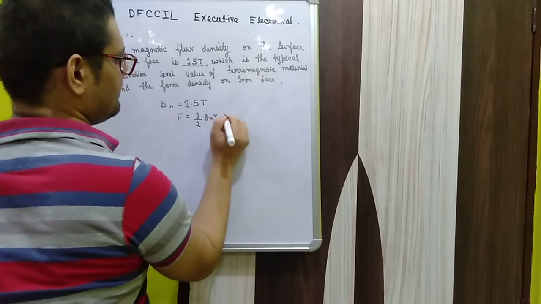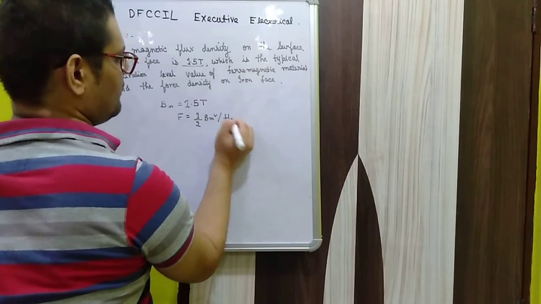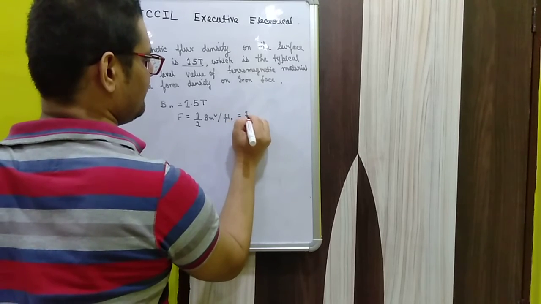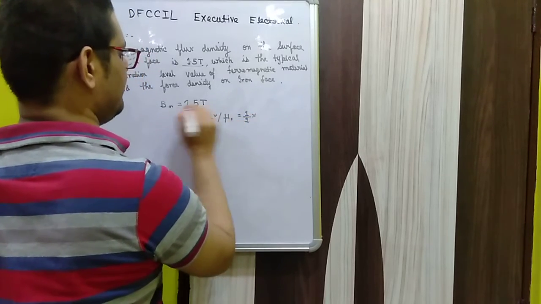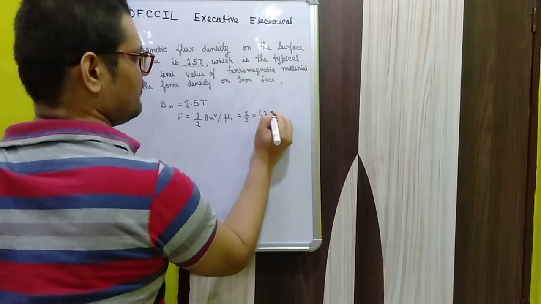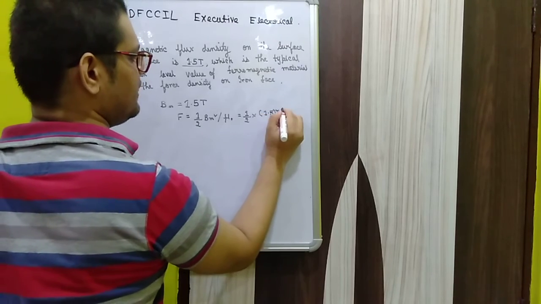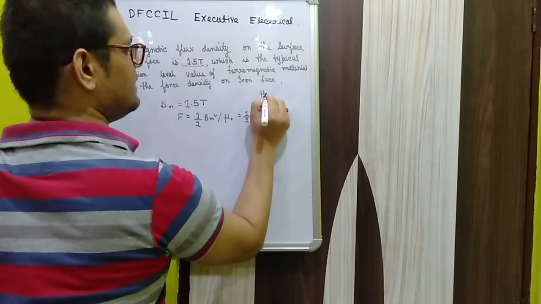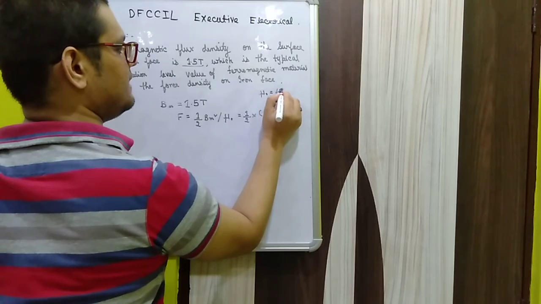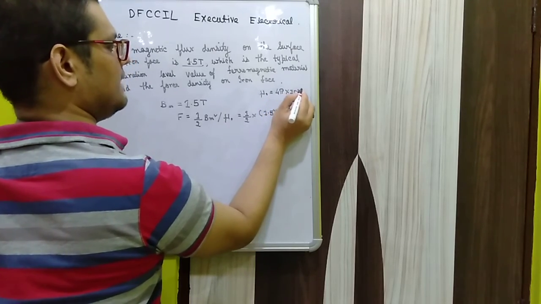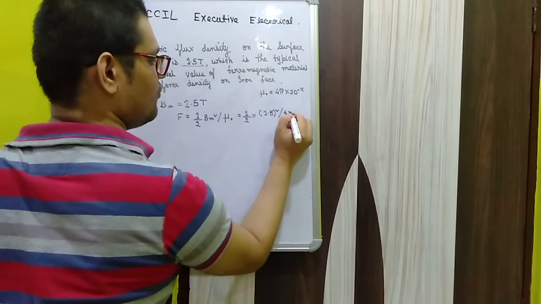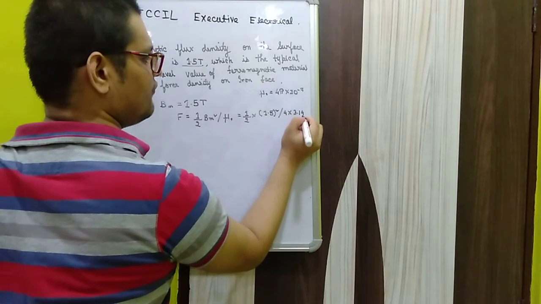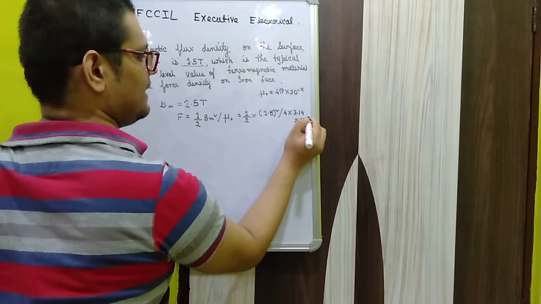Force we know is half Bm square by mu. We put the value of Bm, that is 1.5 squared. Mu we know is equal to 4 pi into 10 to the power minus 7, so we put 4 pi as 3.14 into 10 to the power minus 7.